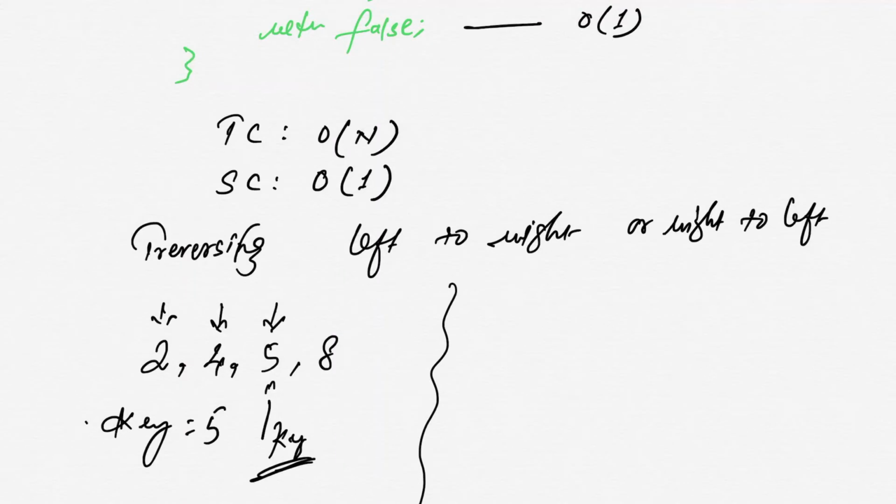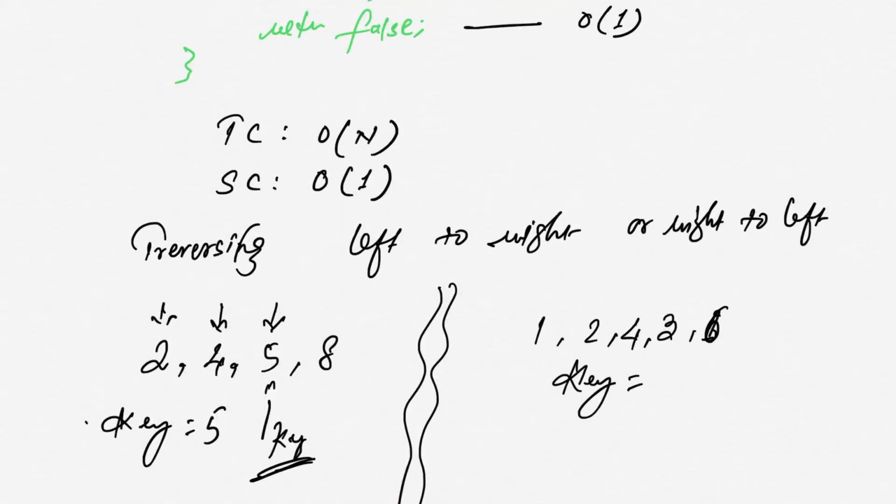Another example could be 1, 2, 4, 3, 6, and the key given is, suppose, 2. You may start looping from i equal to n minus 1.